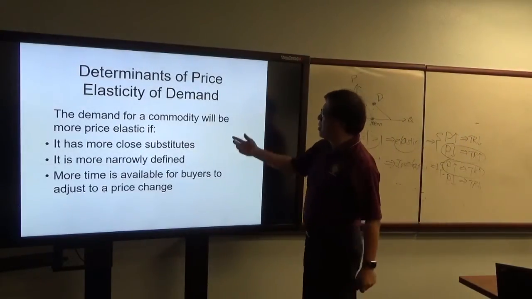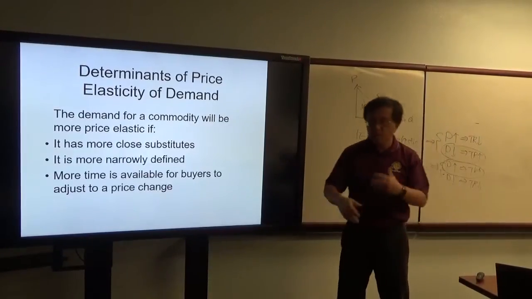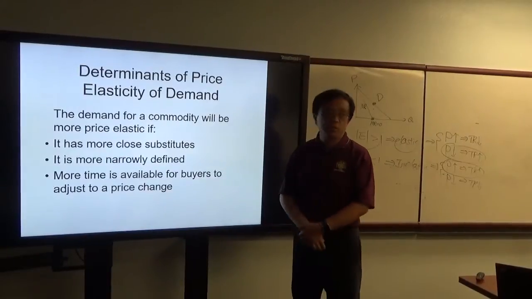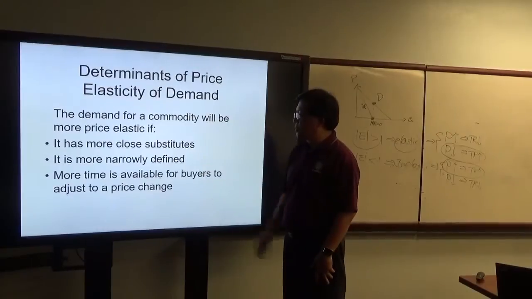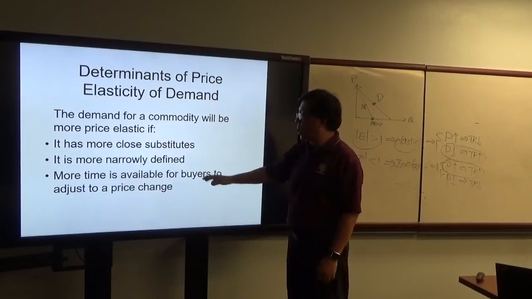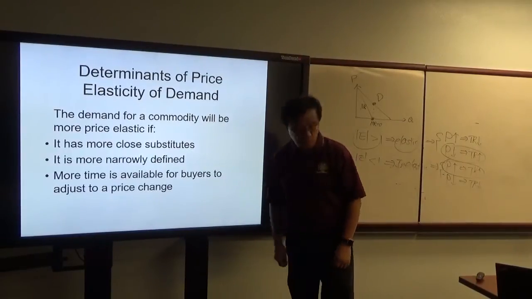And whether the demand for a particular product is elastic or inelastic, it has a lot to do with what? The close substitutes. The more narrowly defined the product, and the more time is available. So let me give you some examples. Close substitutes.